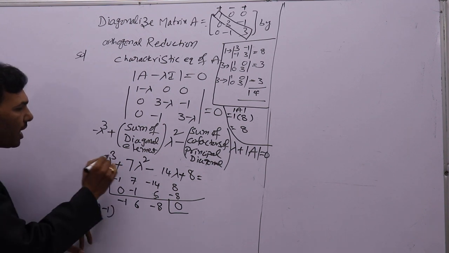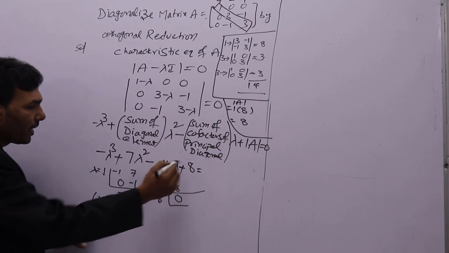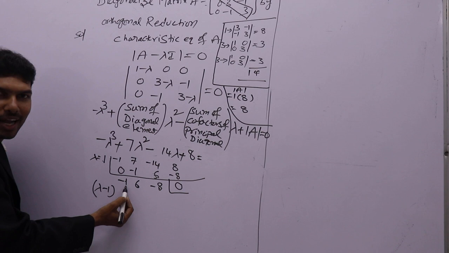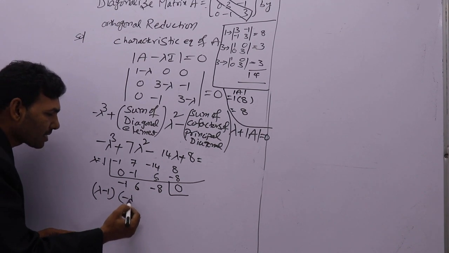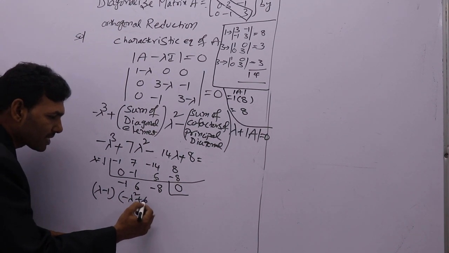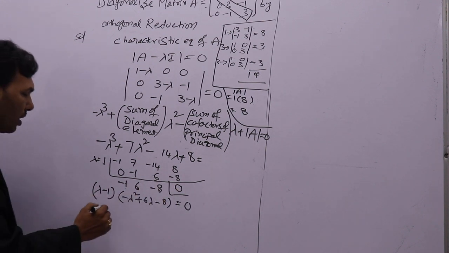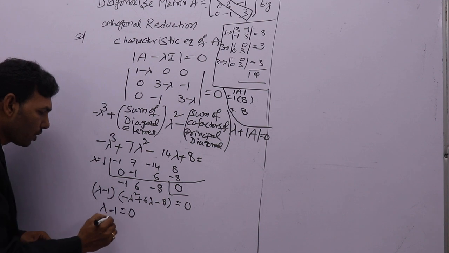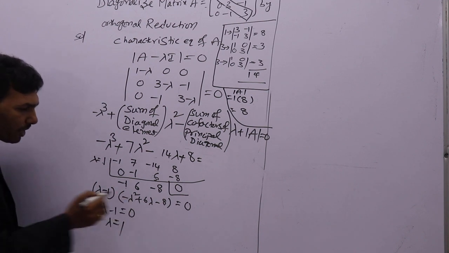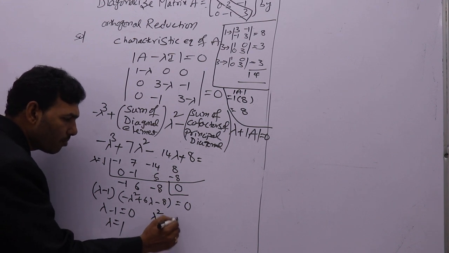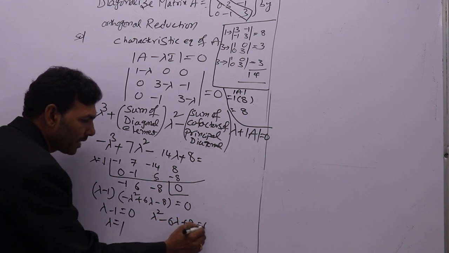Lambda minus 1. In the lambda cube third degree equation, one coefficient becomes 0. That means you need to write from lambda square. That is minus lambda square plus 6 lambda minus 8 equal to 0. Now lambda minus 1 equal to 0, one root is 1. Coming to here, if you take minus common, you will get lambda square minus 6 lambda plus 8 equal to 0.